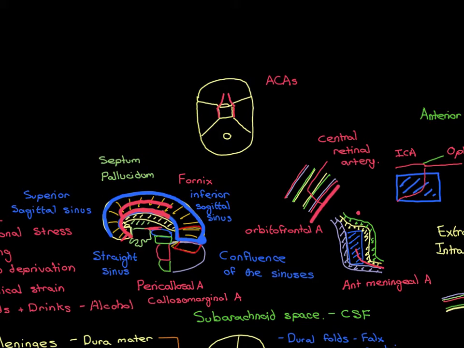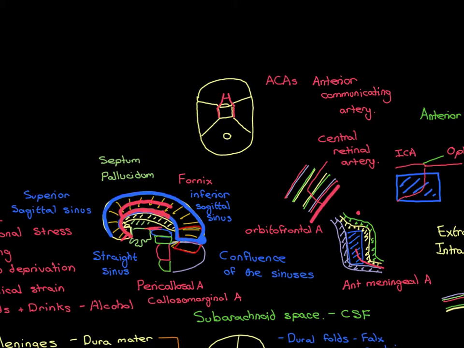And I hope your understanding, your visualization of the meninges is good enough to understand that. So that branch that is going to link them, it has a name. It is called the anterior communicating artery. So anterior communicating artery, because it's going to communicate between the two anterior cerebral arteries. So here it is on this picture. It connects the two anterior cerebral arteries.